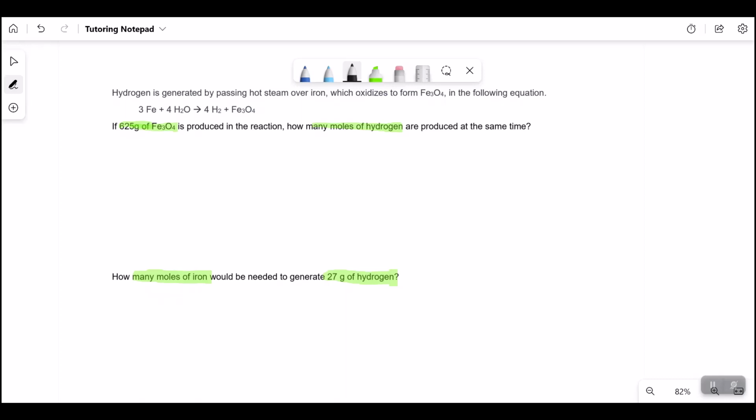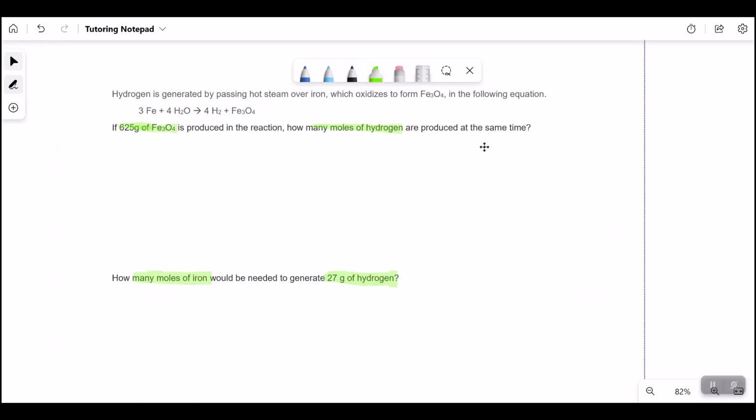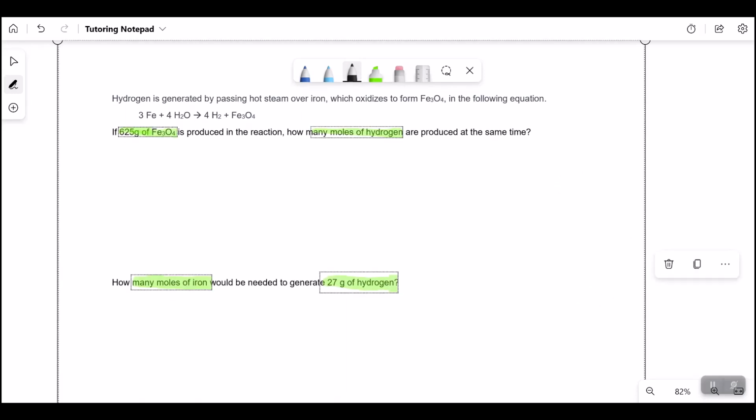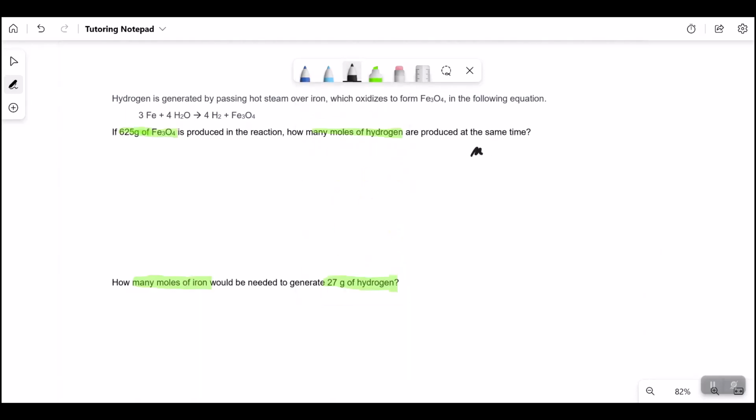So if we look at the molar masses for us, for H2, we have 2 grams per mole. And for Fe3O4, we're going to have a mass of 231.55 grams per mole.